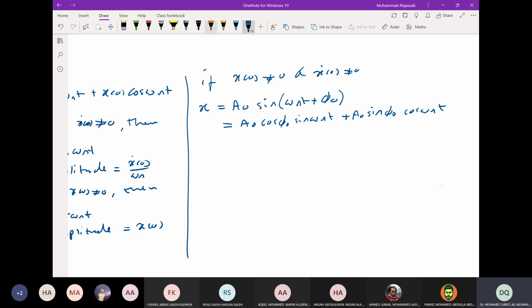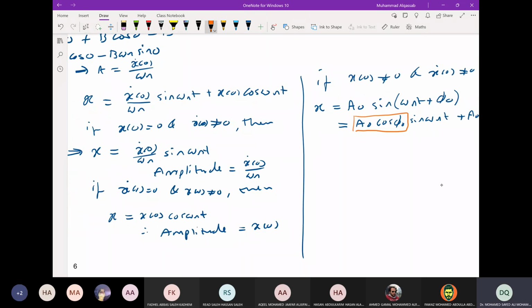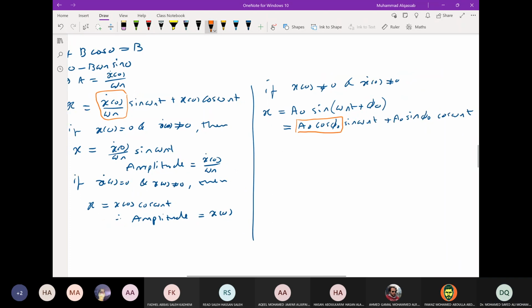So you can see that a0 cosine phi 0, if you look at the solution, is equal to x dot 0 over omega n, and a0 sine phi 0 is equal to x0, right?